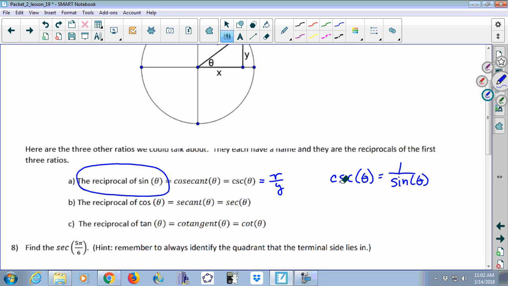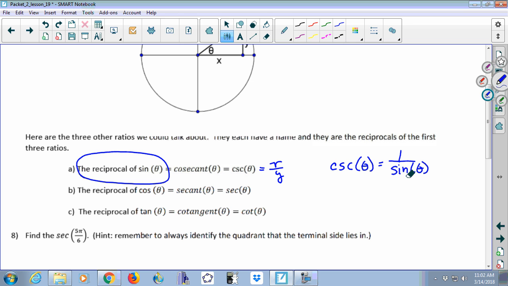You'll see in a minute. It would be nice if this was secant, but it isn't. The cosecant is the reciprocal of sine. The reciprocal of cosine, 1 over the cosine of theta, we call the secant of theta, which is SEC. And that's going to be R over X.